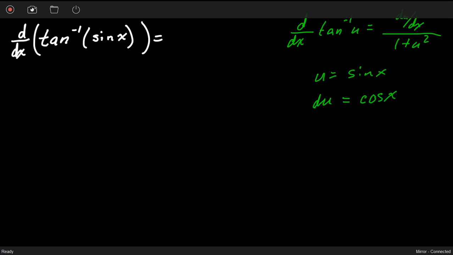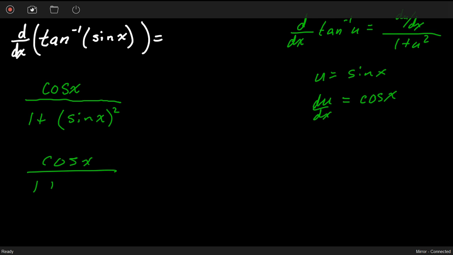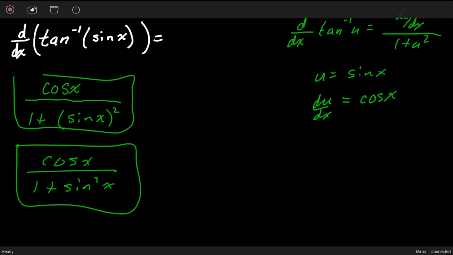All right, so applying our formula here, we've got du dx, which is cosine x, over 1 plus u, which is sine squared, which can also be written as cosine x over 1 plus sine squared x. Just another version of the same answer.